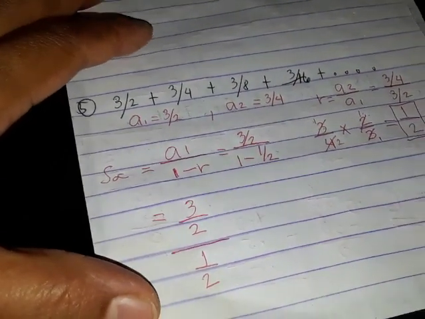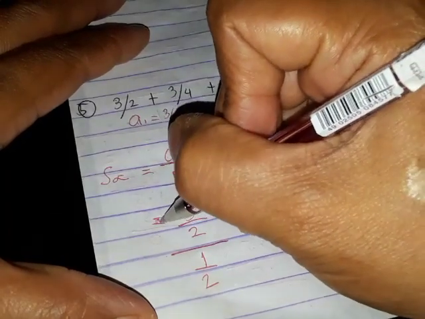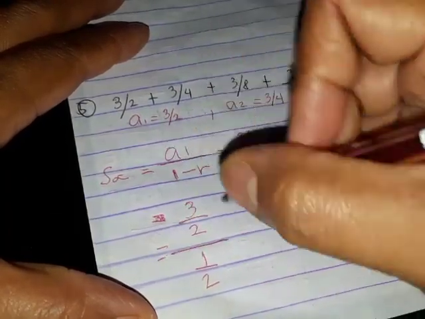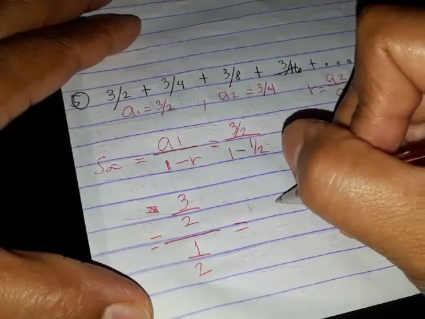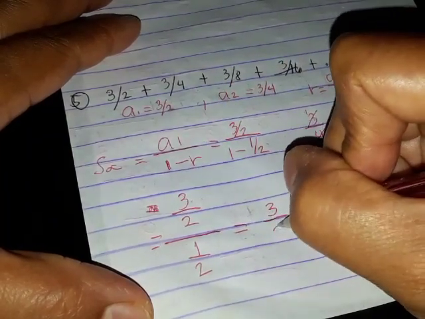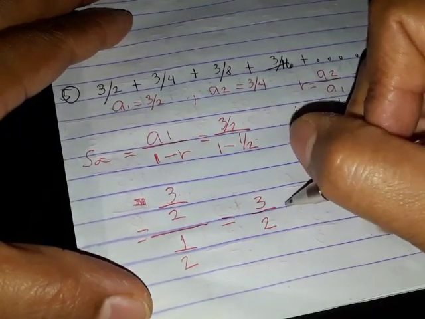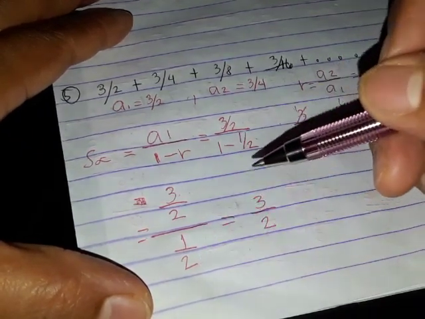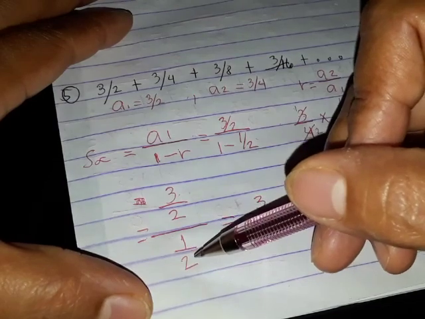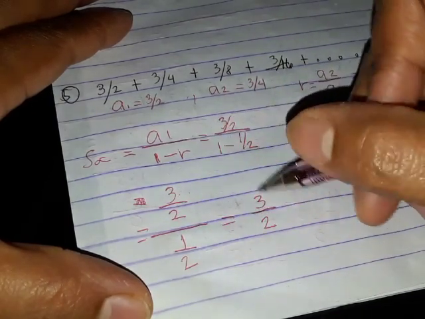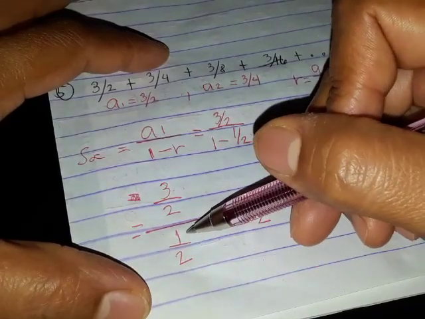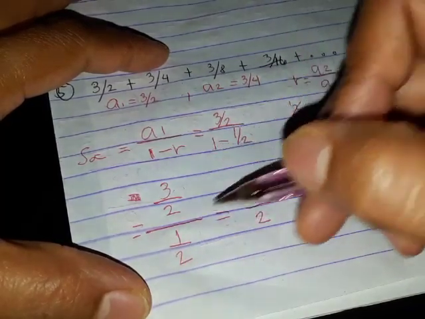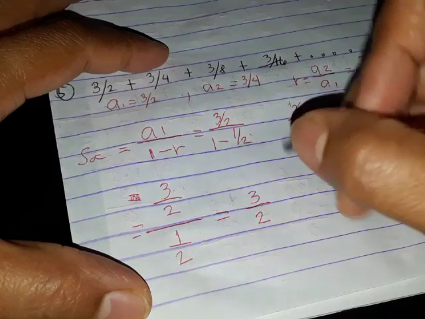This is easy. Then, proceed to division. So, copy 3 halves divided by 1 half. Gaya ng sinabi ko kanina, ang pag-divide ay kopyahin ang numerator and then ang denominator, kunin ang kanyang reciprocal. Anong reciprocal ng 1 half?